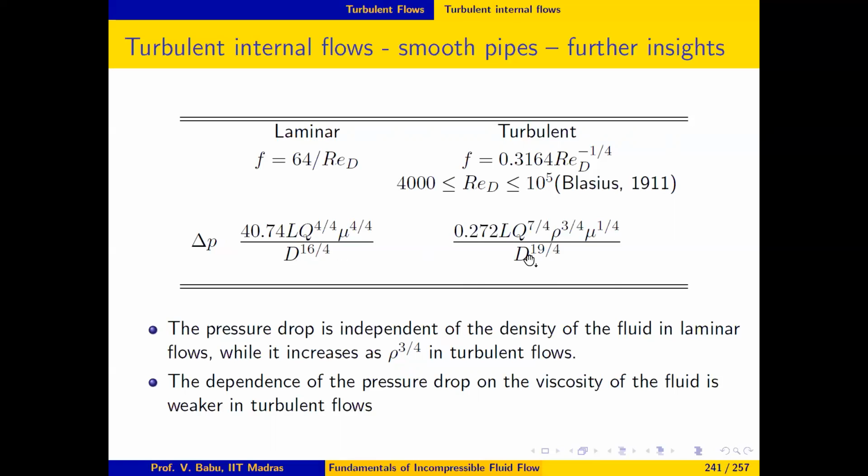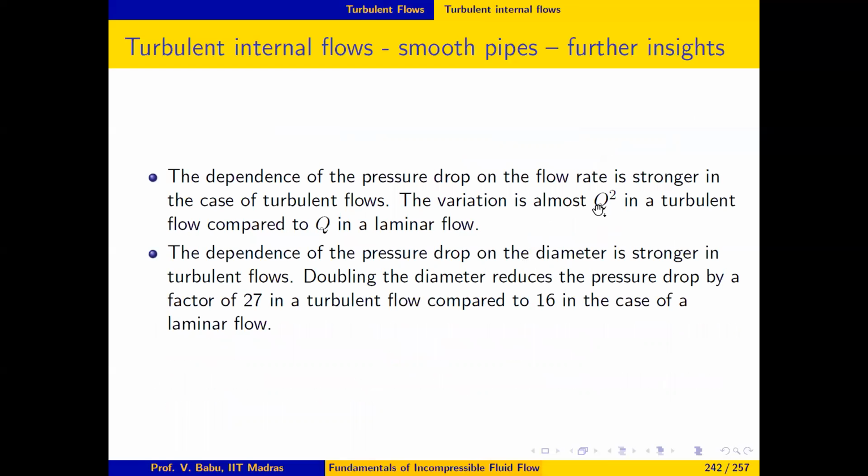In the case of turbulent flow, the dependence on diameter is stronger, inversely proportional to d raised to the power 4.75. So the dependence on flow rate is almost Q square in a turbulent flow compared to Q in a laminar flow. And the dependence of pressure drop on diameter is even stronger in turbulent flows.